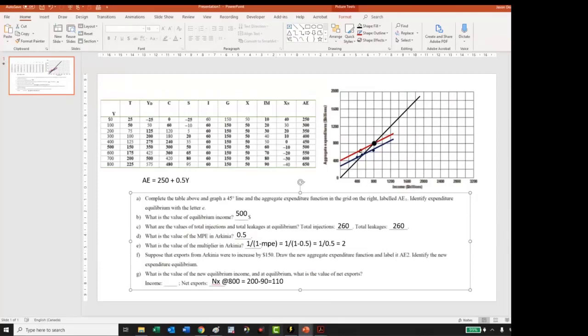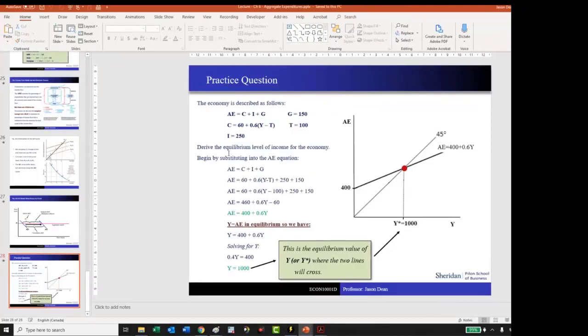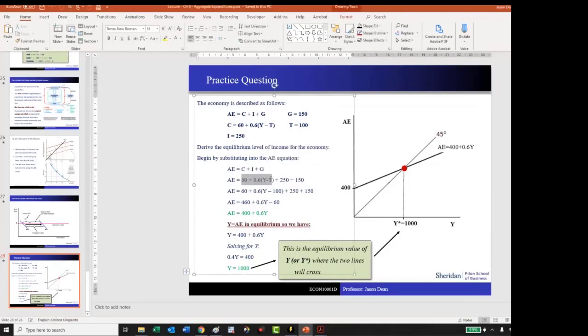Oh yeah. So you're talking about this slide. Here in this question, we start out with our aggregate expenditures function, and then we're going to plug everything in. So we know the consumption function is this here. So we're putting that there. And we're adding our investment and government spending, which is given. Now we're going to just work this out. And we're going to realize that taxes are equal to 100. So we're going to plug that in.